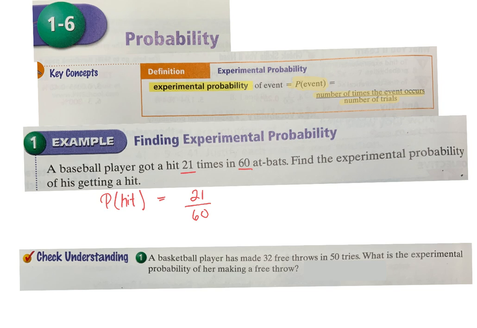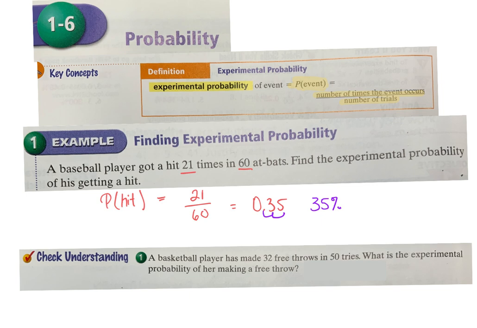So to do this, you are going to take that 21 and divide it by the 60, and then you are going to multiply that by 100, or move that decimal place over 2 places. And so you're going to say there's a 35% chance that he will get a hit if he is at bat. There's a 35% chance, all right? And so that's your probability. The event, total number of times it happens, over the total number of times that you tried it.